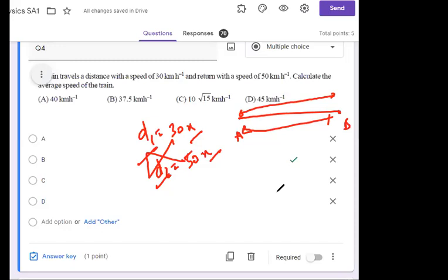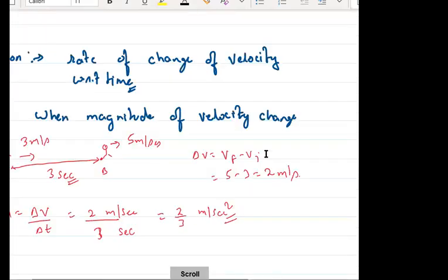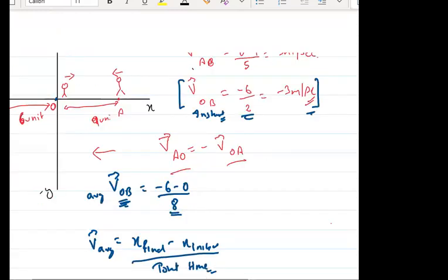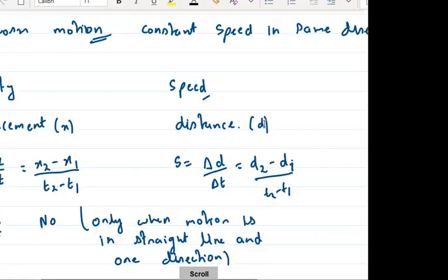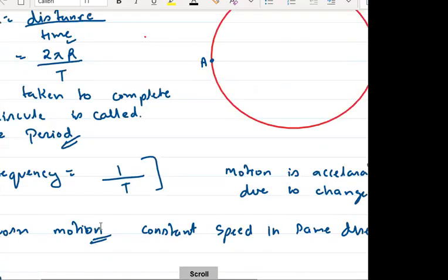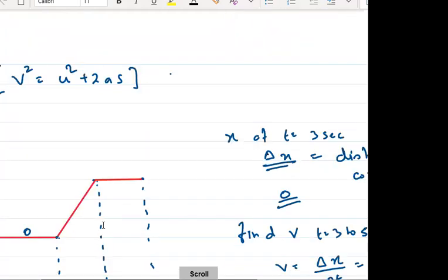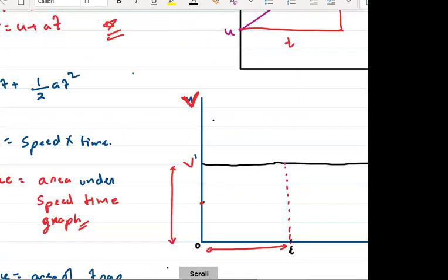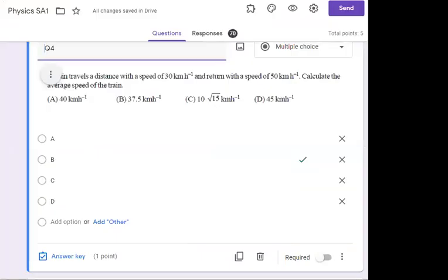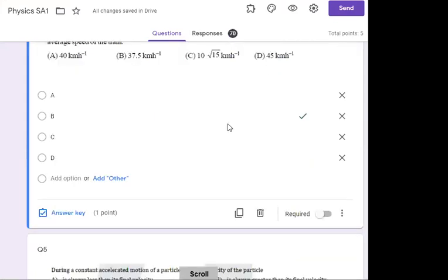ठीक है? Okay. समझ लो. I hope all of you remember these concepts. ठीक है? देखो, कितने लोगों को याद है हम लोगों ने जो पूरा derive किया था step by step, right? I have derived everything, है ना? यहाँ पे देखो cases ले लेकर, याद है? ठीक है? ओके. ये गलती मत करना एग्जाम में, ठीक है?